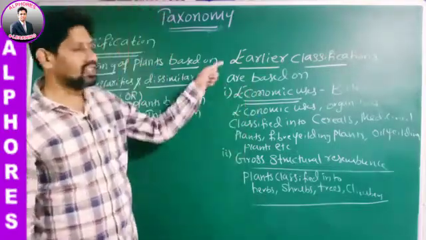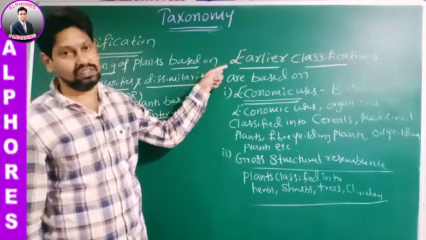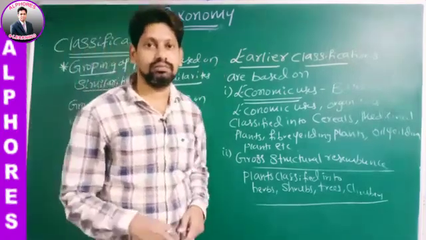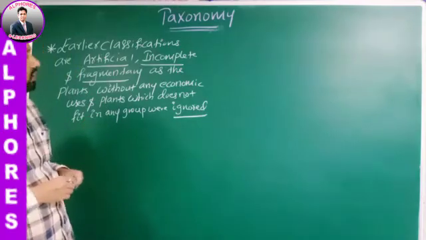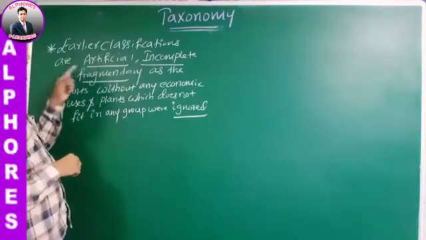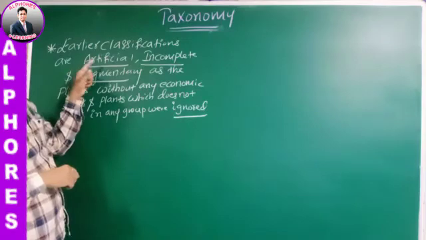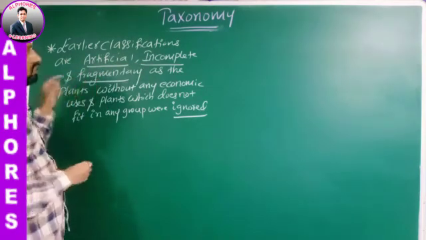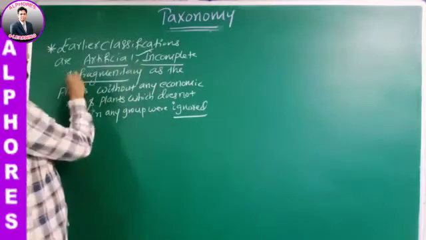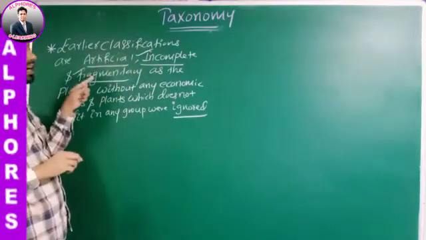Which classifications? Earlier classifications. Just now I told a statement and wrote the same on the board. See, earlier classifications are artificial. They are incomplete and fragmentary. Why are we calling earlier classifications incomplete and fragmentary?